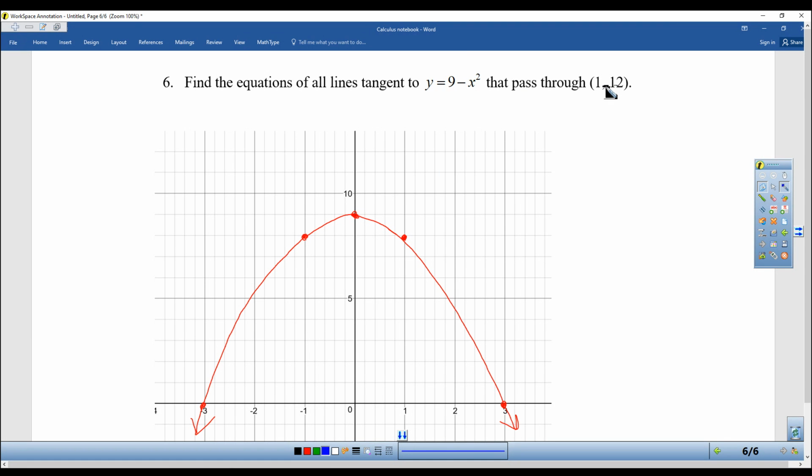So that passed through the point (1, 12). So here's (1, 12) right there. Try to draw for yourself a line that is tangent to the red parabola, but also goes through the blue point.